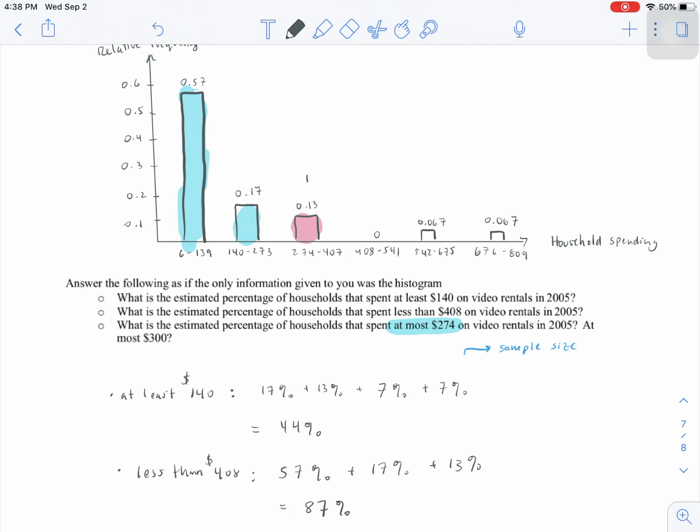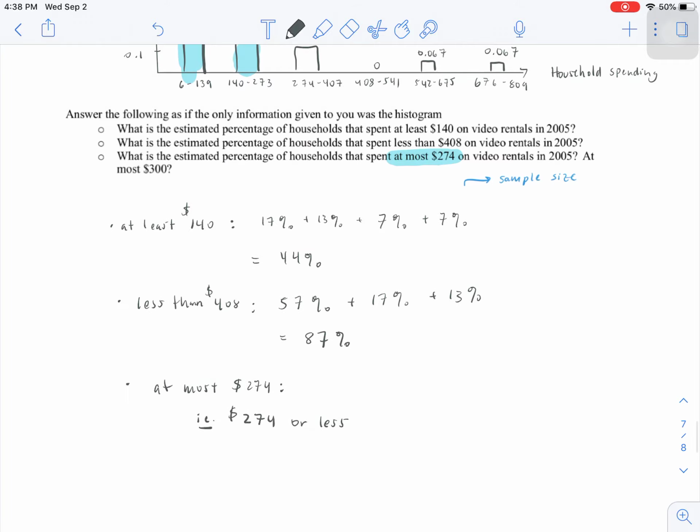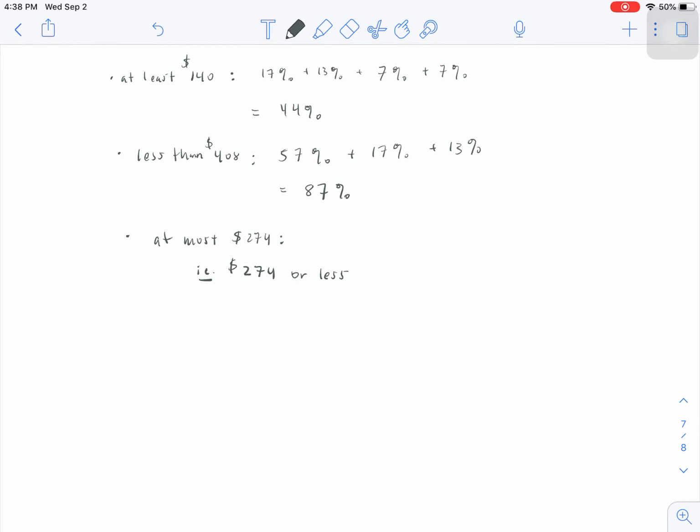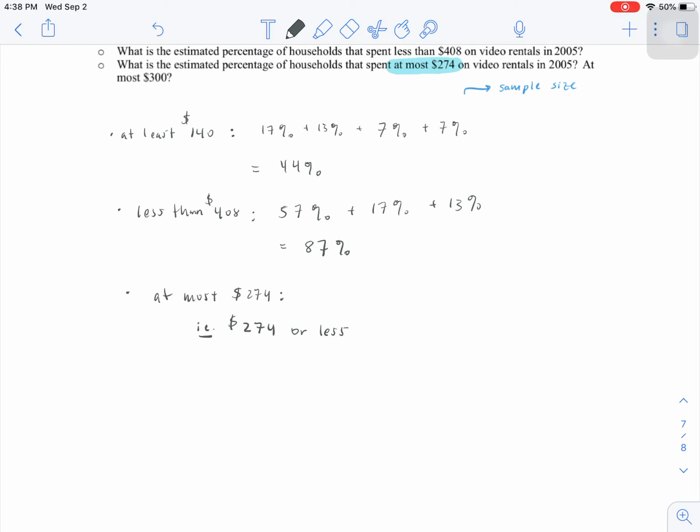So just looking at this bar, we don't know how many of this 13% spent exactly $274. So we can't answer who spent $274 or less, or in other words, who spent at most $274. So this one we cannot answer just by looking at the histogram.